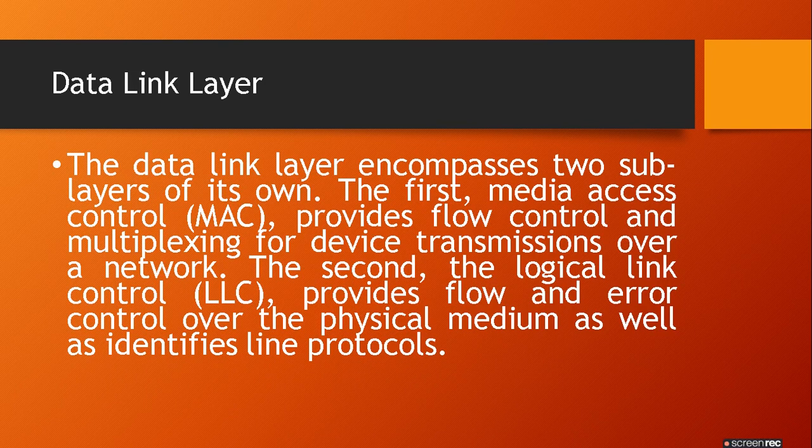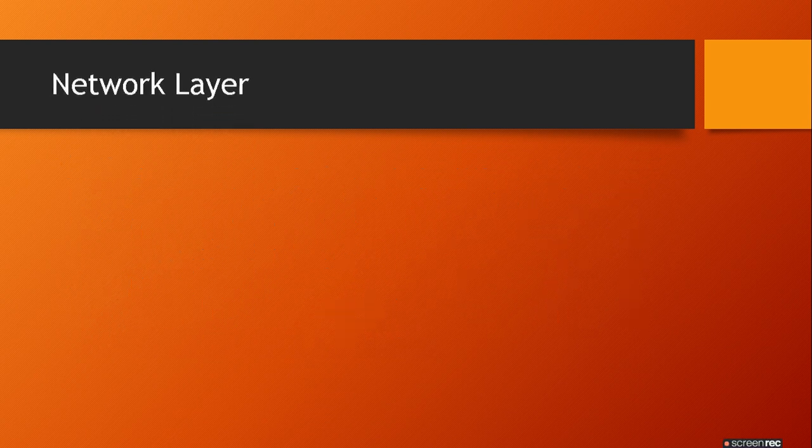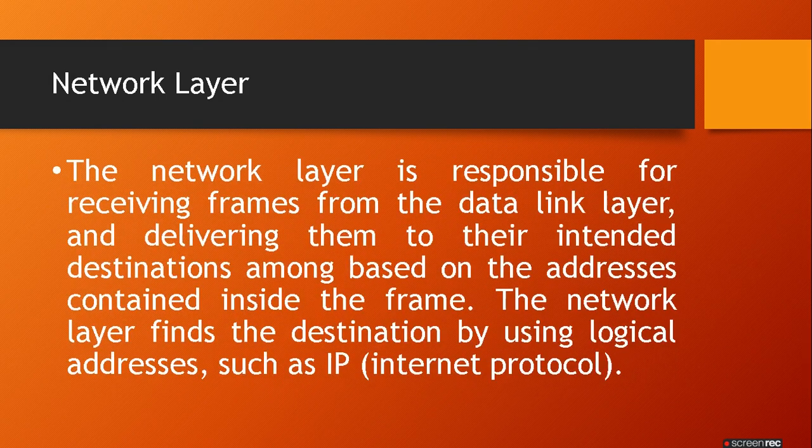The first is media access control, or you can say MAC. It provides flow control and multiplexing for device transmission over a network. The second, the logical link control, provides flow and error control over the physical medium as well as identifies the line protocols.